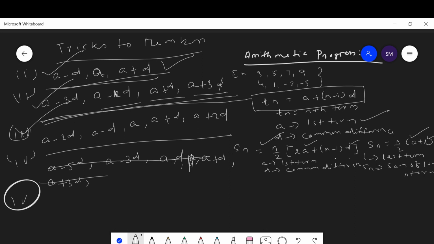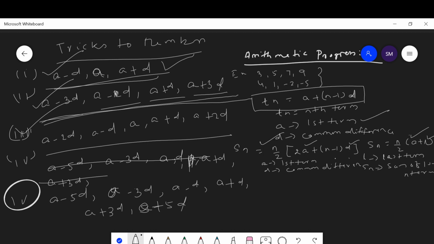For even numbers of terms, the common difference is 2d.